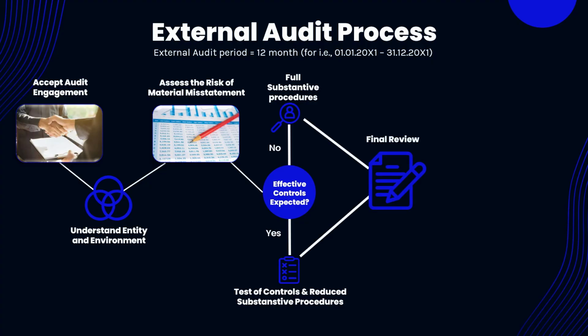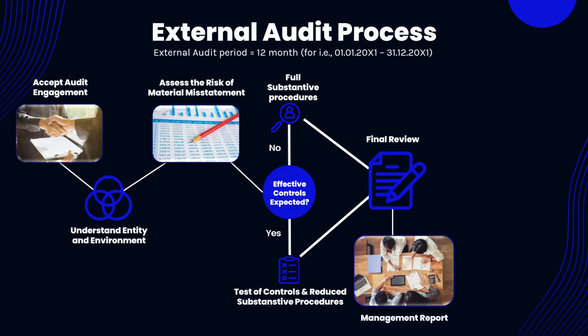A final review simply means they sit with the management and discuss their findings and observations, and they try to get reasons from the management about why and how certain things have been done in the organization. So this step ensures the accuracy and completeness of their audit work, and then they provide a management report that communicates the observations and recommendations to the organization's management.